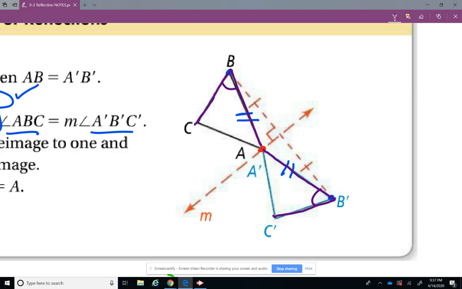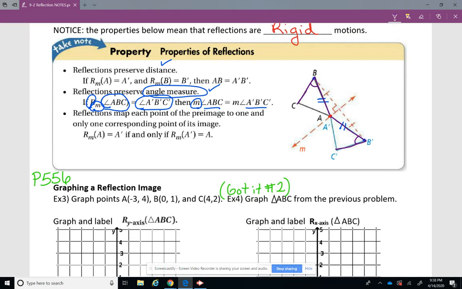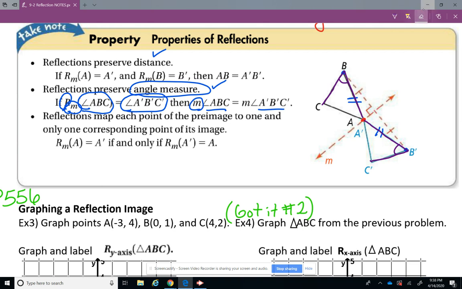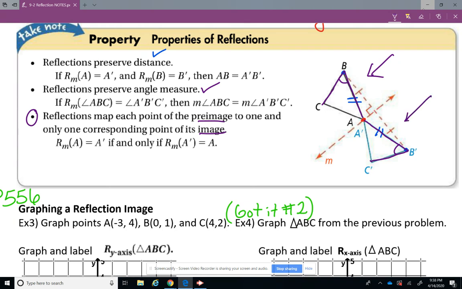They will be congruent. So angle measures are preserved. All right, distance is preserved. All right, let's go to this last one. Reflections map each point of the pre-image, this is the pre-image, the original, to one and only one corresponding point of the image. This is the image.